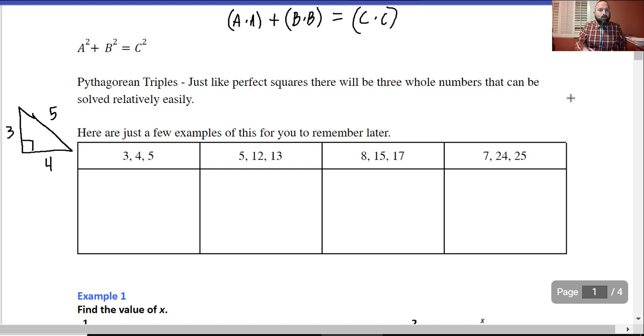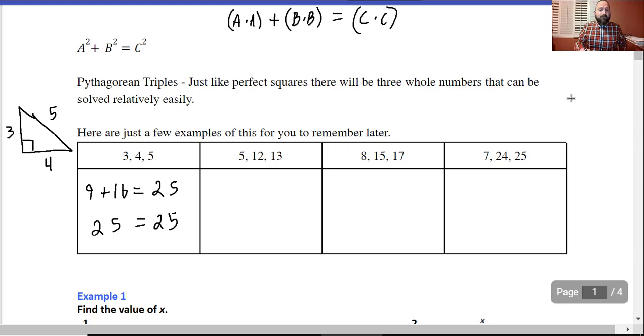So I'm going to write out what it would look like. 3 squared is 9, 4 squared is 16, is equal to 5 squared is 25. Now I'm not going to do it on every single one, but if we add these together, we would definitely get 25 is equal to 25.